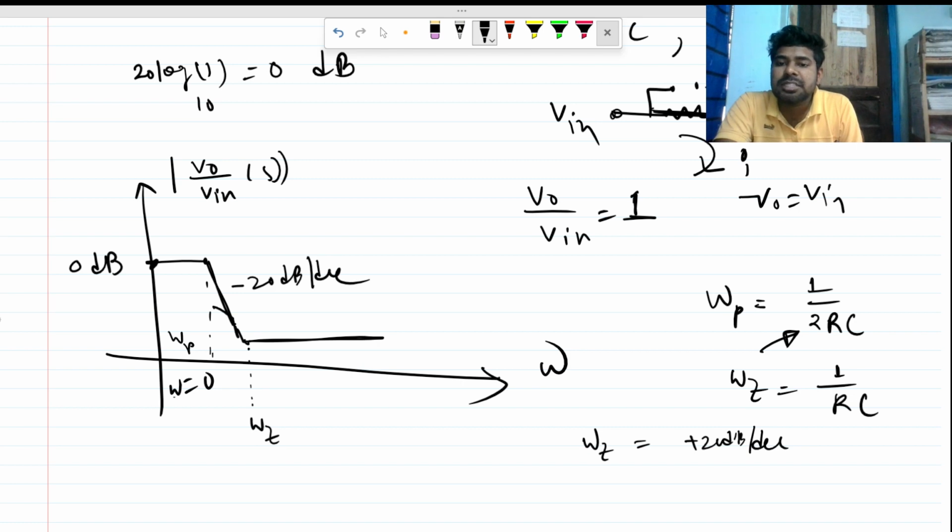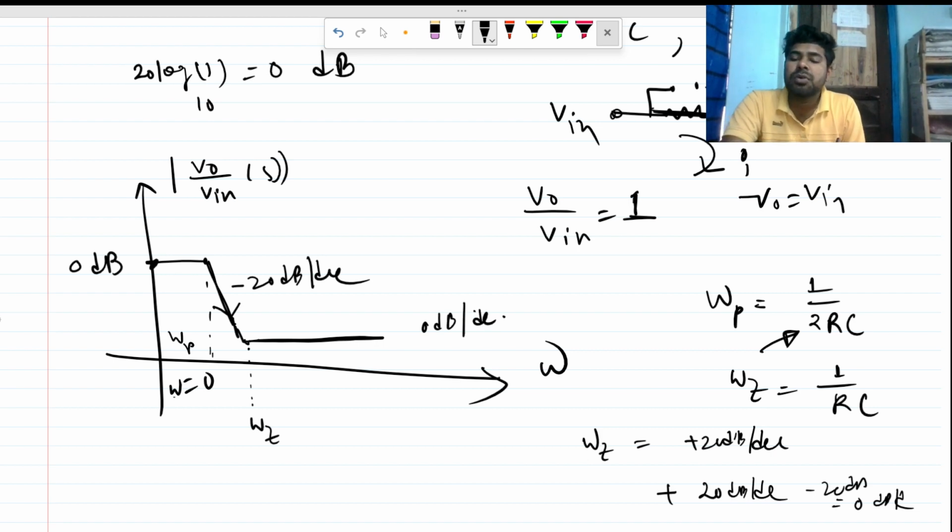But because this is falling at minus 20 dB per decade, if we add plus 20 dB per decade to minus 20 dB per decade, this will be zero slope, sorry, 0 dB per decade. So this will be a 0 dB per decade slope. So this is how the Bode plot will look.